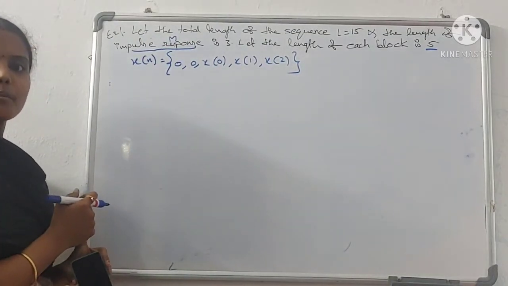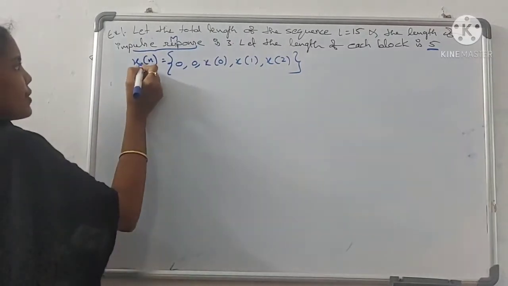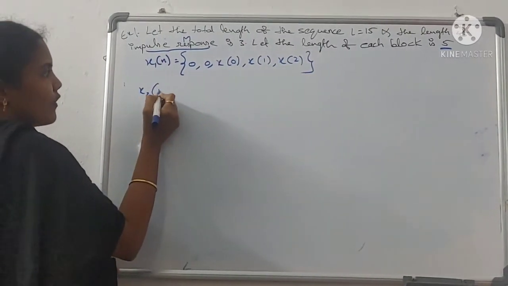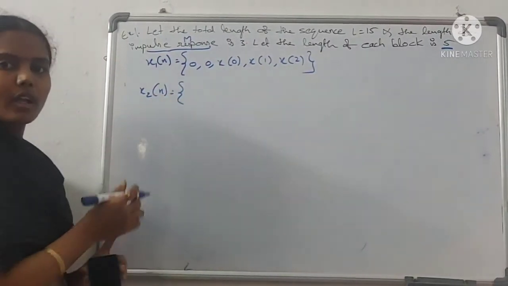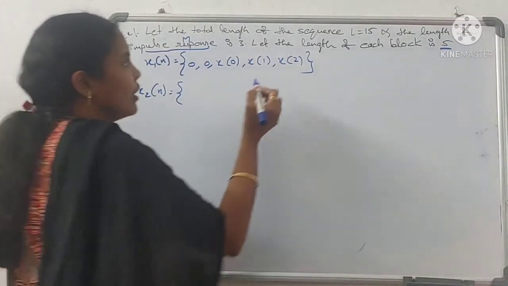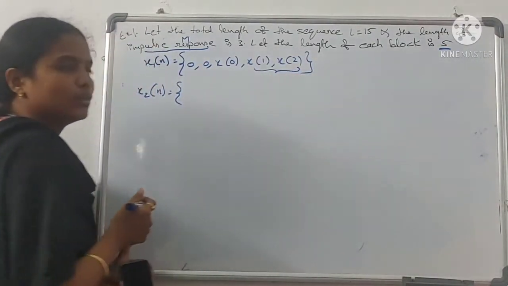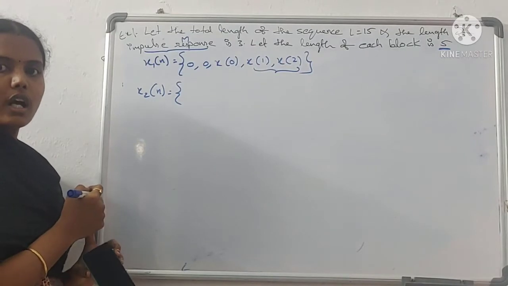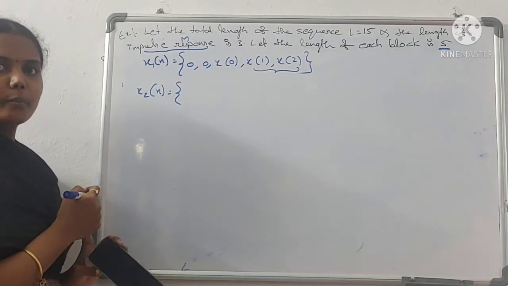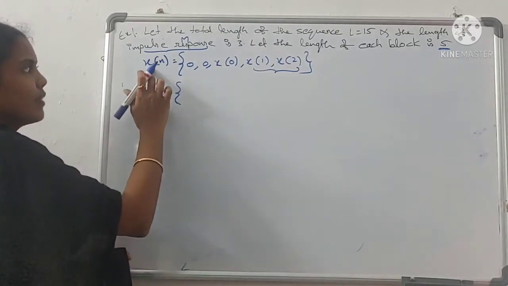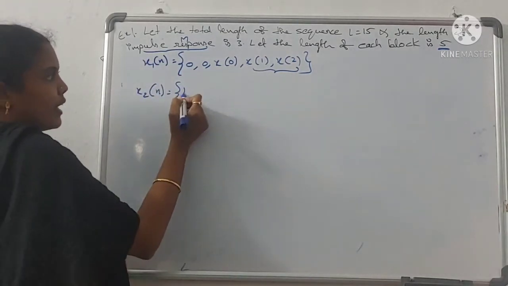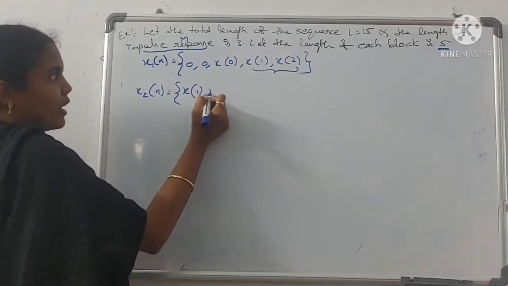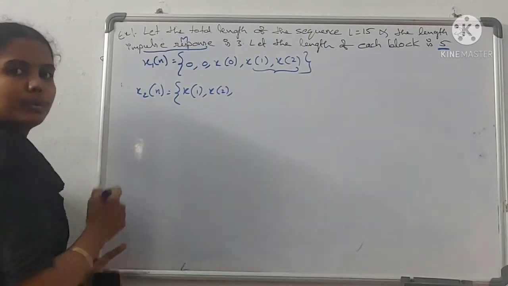Second step: this is x of n, and x2 of n is equal to the last two data from the sequence x of n, that is x of 1, x of 2.